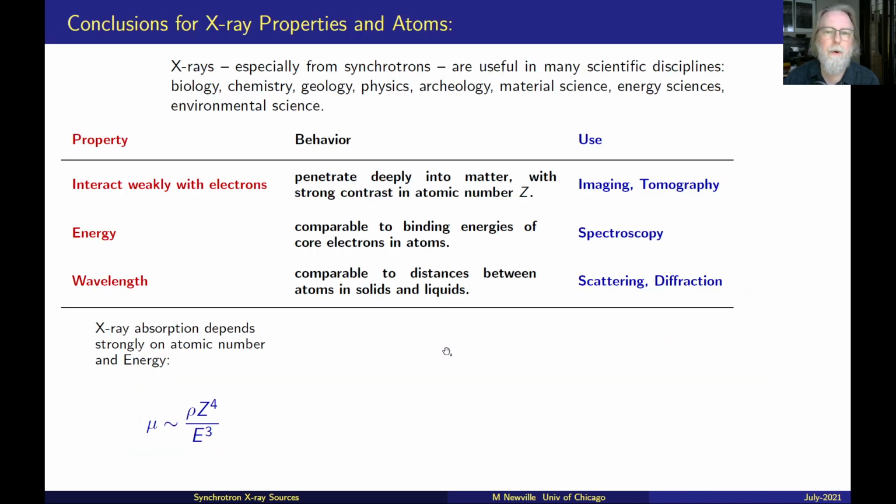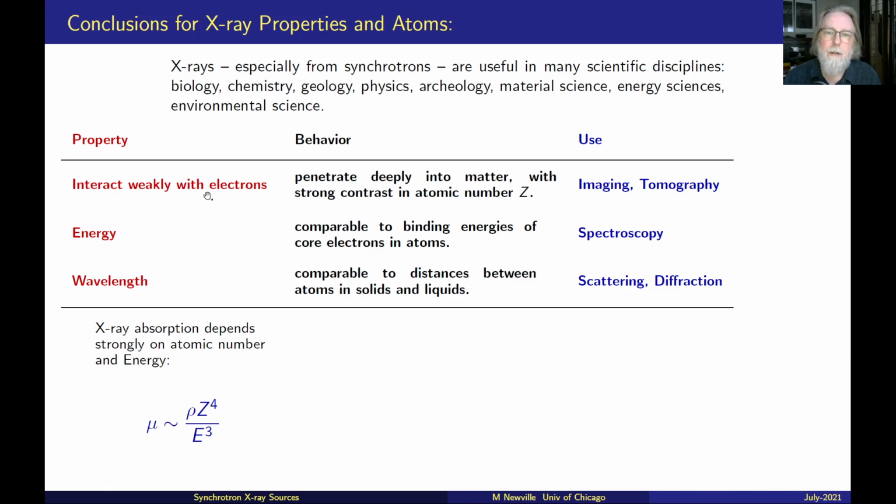So I think for this portion of this talk, we've shown you that X-rays, especially from synchrotrons, are extremely useful for many scientific disciplines. They're used all the time, continuously in biology, chemistry, geology, physics, archaeology, material science, energy science, environmental science, basically any kind of science you can think of that needs to understand the structures or the chemistry of materials.